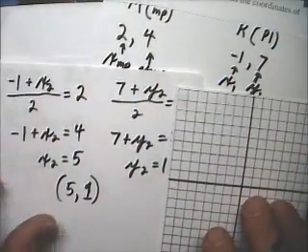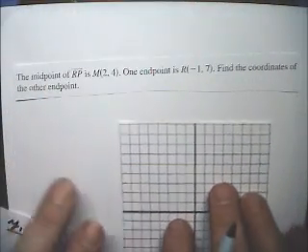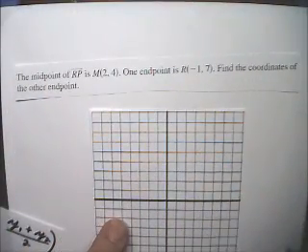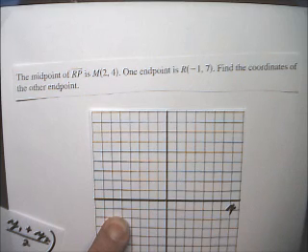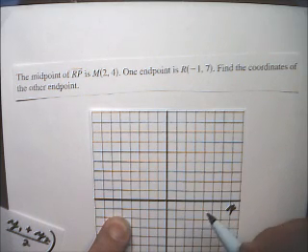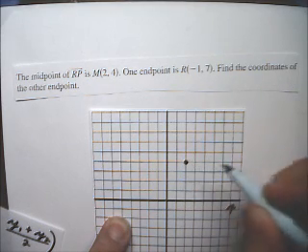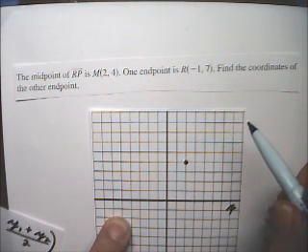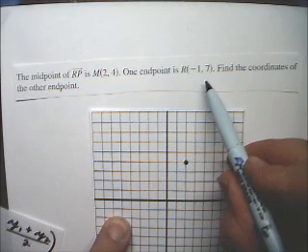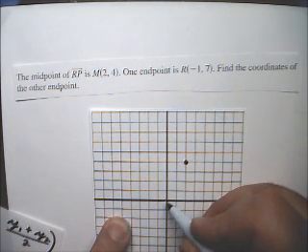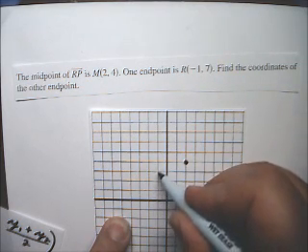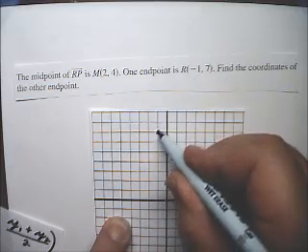So let's see, we've got 2, 4. 1, 2, 3, 4, and that's the midpoint. And we've got -1, 7. -1, 1, 2, 3, 4, 5, 6, 7.